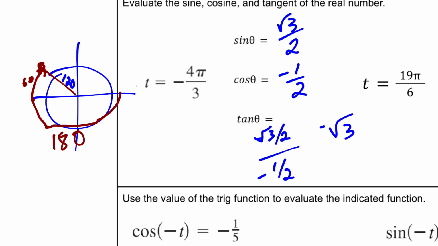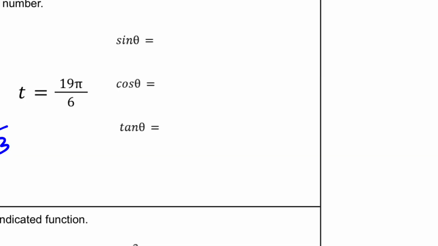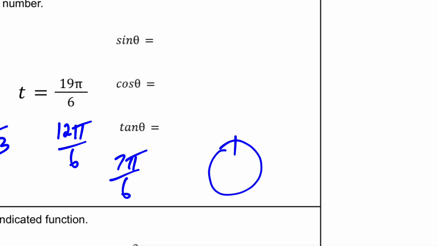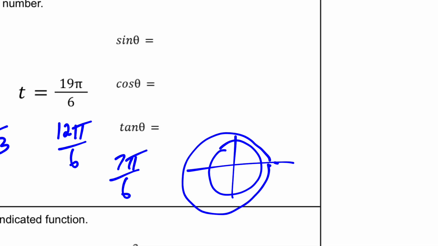So it looks like that. 19 pi over 6. Remember that 12 pi over 6 would be like 2 pi, so that circles around completely. And then we have 7 pi over 6. So if you think about our unit circle, we have now gone all the way around, and then we went an additional pi plus 1 pi over 6. So here we are, this would be at like the 210 degrees mark. Our y value there is negative 1/2, that's our sine.